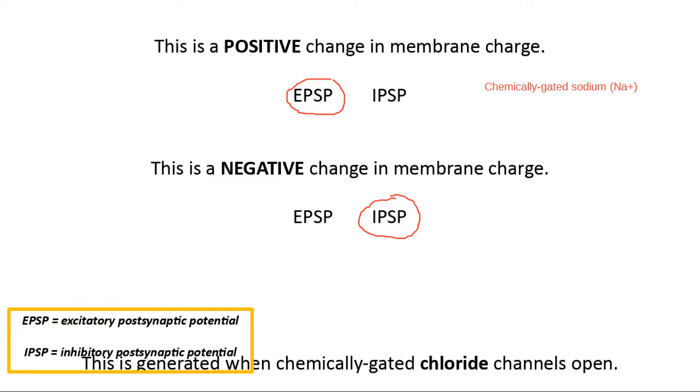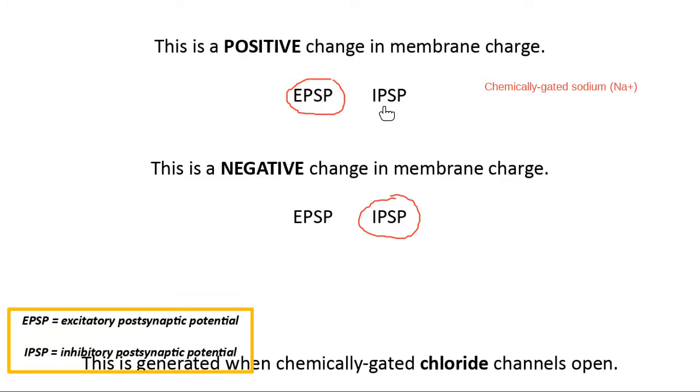Here's a note that I want you to write down for yourself, just to keep this in the back of our mind. When we talk about EPSPs and IPSPs, these are small changes in the membrane charge. These will only happen below threshold.